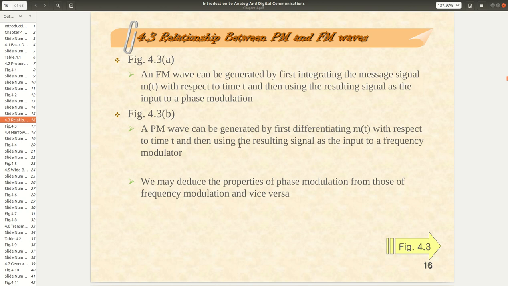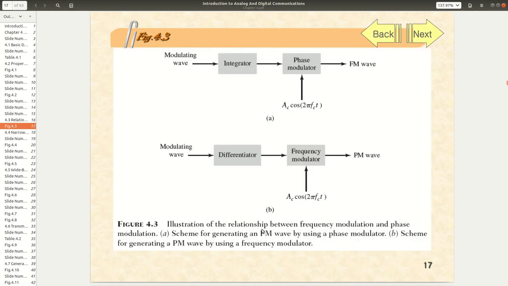PM can be generated by differentiating m of t with respect to t, then the input goes to a frequency modulator. So this is the message signal, or the modulating wave. Integrator, then a phase modulator, and you get the FM. This is the relation between both of them.